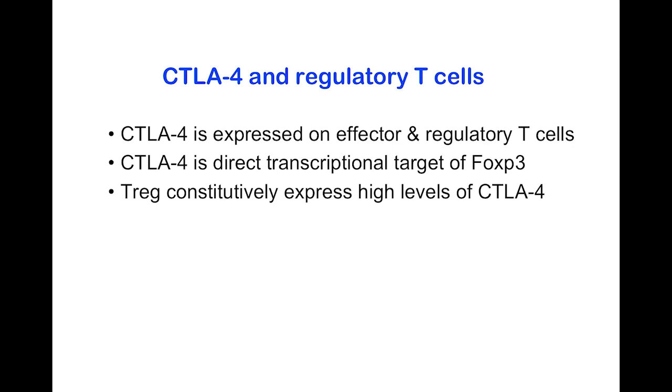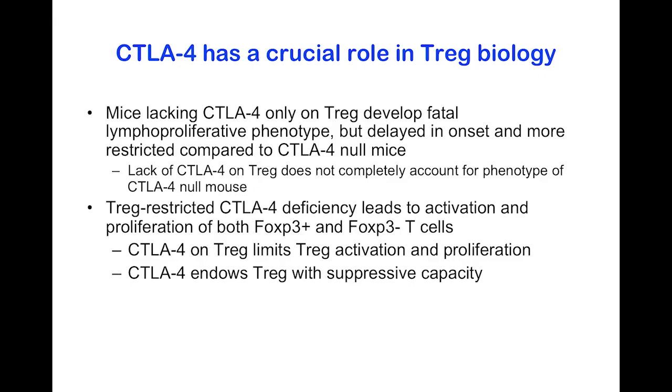These are cells that inhibit immune responses. And CTLA-4 is a direct transcriptional target of FOXP3, which is the cardinal transcription factor that defines and expresses these suppressive regulatory T cells. So these regulatory T cells constitutively express high levels of CTLA-4.